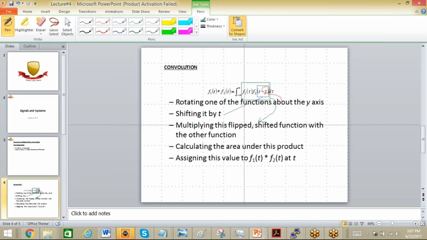Flipping means you are taking the mirror image about the y-axis. Now the question arises: which function should be flipped, the system impulse response or the input signal? The point is, you can flip either of the signals, whichever is easy for you, whatever setup is easy for you. After that, the rest is about this integral part.